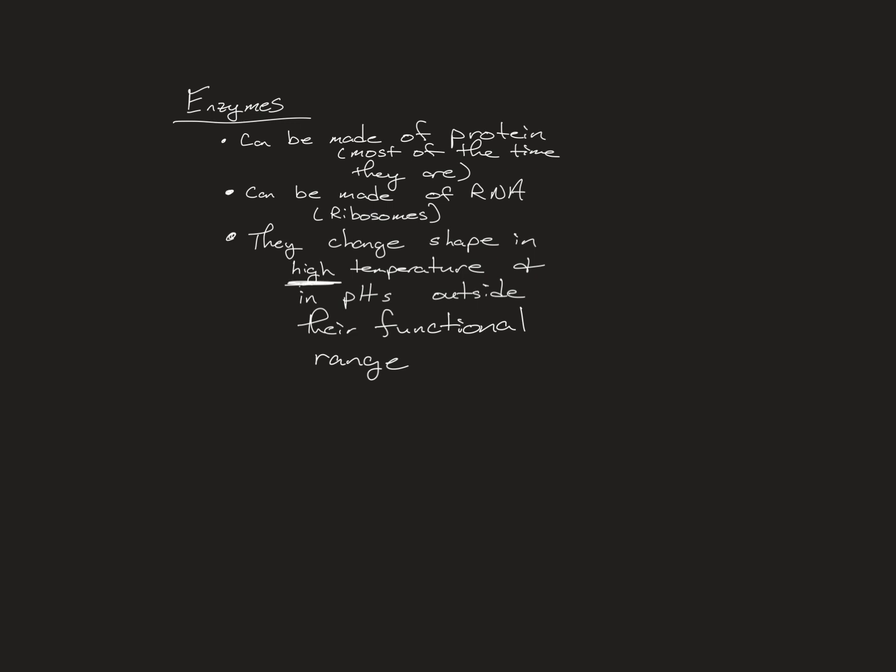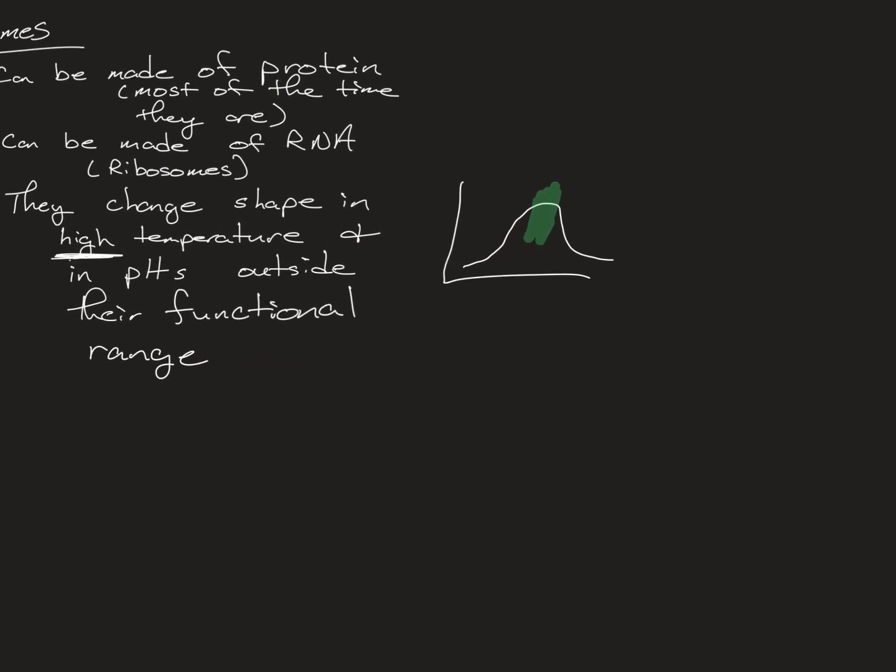The classic drawing of the graph for both pH and temperature is something like this, where you have an ideal range, what's called an optimal range, right? So this is the optimal range. I will zoom back in just a second.